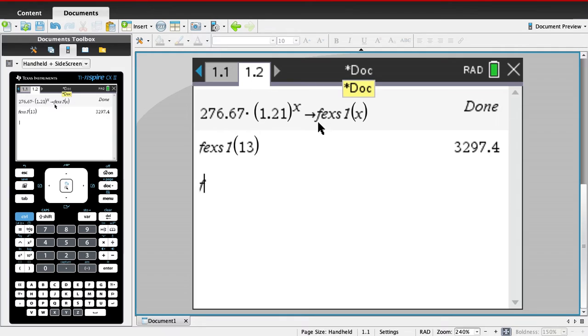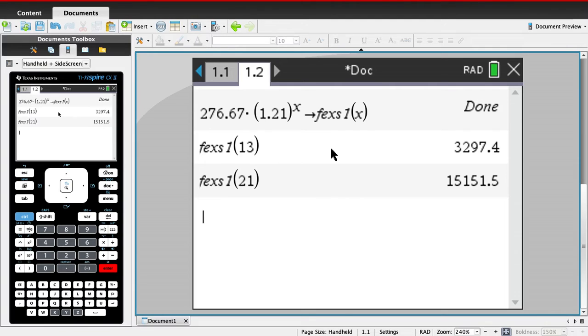I'm going to head back over to my calculator. And that's quite a bit of money. So here they would earn 151. All right, hold on 1 second.